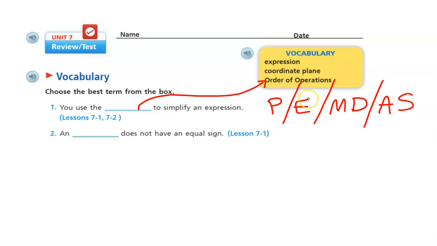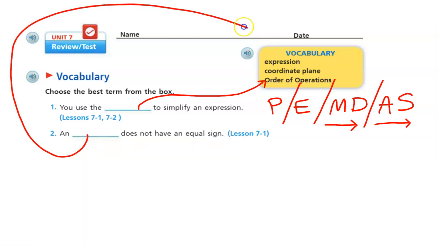I'm just not asking you any with exponents. Then you do all the multiplication and division from left to right. Doesn't matter which one comes first. And then finally you do all the addition and subtraction from left to right. Again, it doesn't matter which one you do first. And then this one says an blank does not have an equal sign. That's your hint there. And that would be an expression.